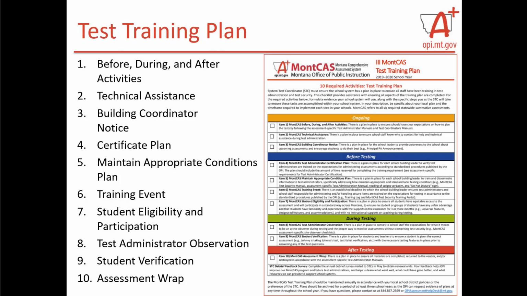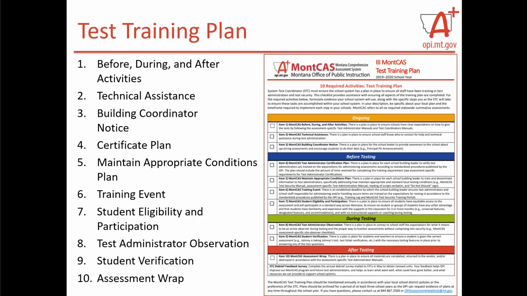Plan 4. The test training plan is important as it emphasizes the past 3 plans, except that it explicitly requires adequate and timely training so all persons involved in the testing fully understand their role and the responsibility involved. School staff must know who to contact for help and technical assistance during test administration.